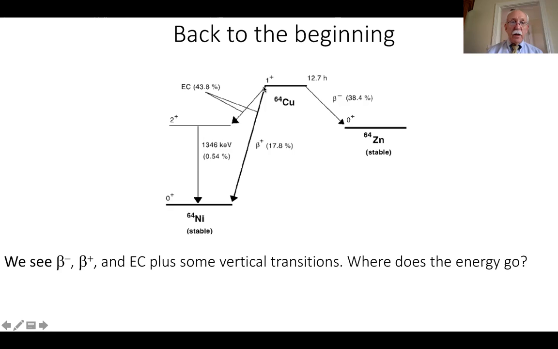And the decay from the 1 plus to the 2 plus state only happens 0.54% of all times when copper decays. So these percentages here are referring to the parent, which is also some nomenclature we need to discuss.